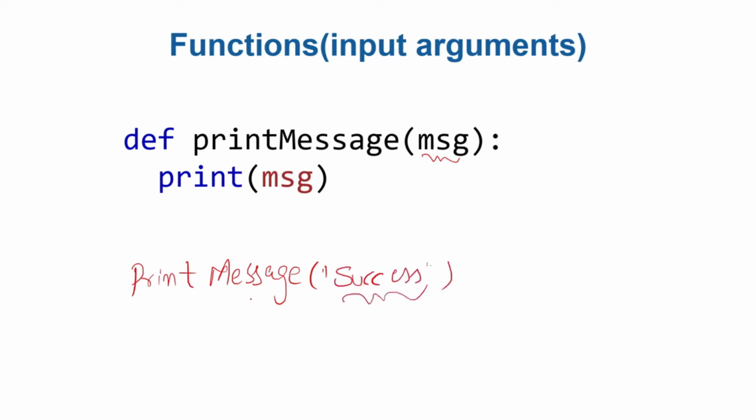Now success will be printed. Next time we call the function and give another argument, maybe a string, let's say 74 errors, that will be printed, or anything. I mean, anything that you supply will be printed.